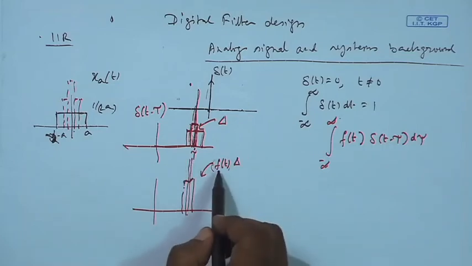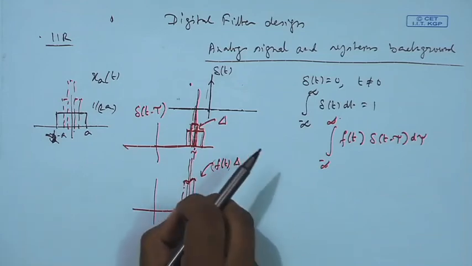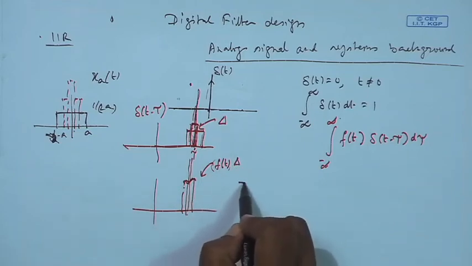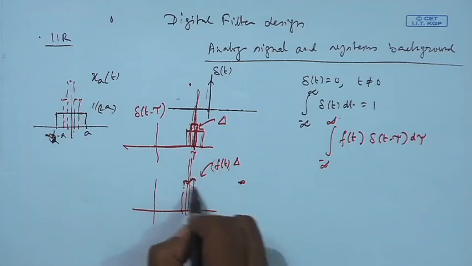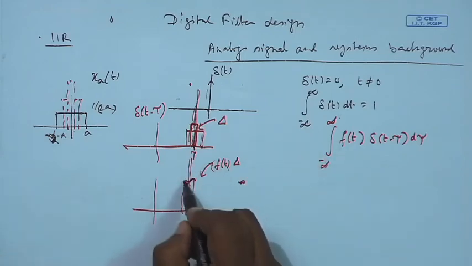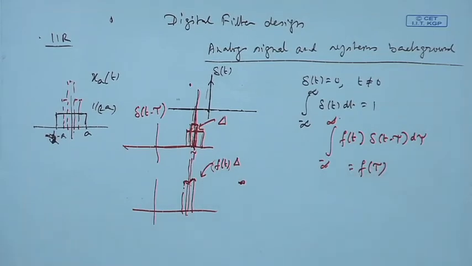Because of f t, area will be multiplied by the value of f t. You would have to carry out the integration, but if it becomes thin enough, then integration is not required, and the value will be roughly f tau, the value at the center point tau. So, f tau into the area 1 will be f tau.